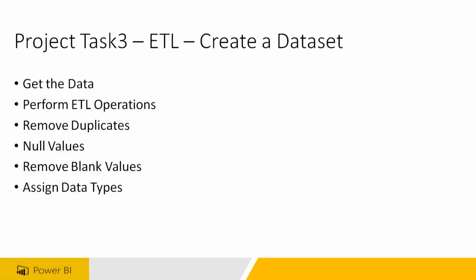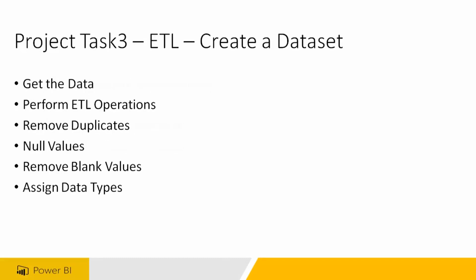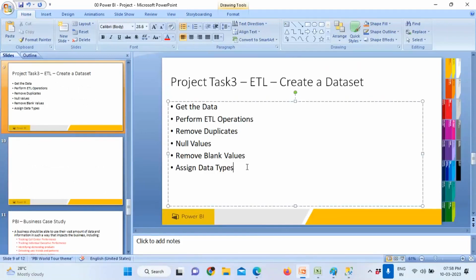So you have to get the data. The data is available in Excel sheets. I will give you the data. You perform all these operations and you will be able to create a data set. To create a data set, you need to understand the data, the data modeling, and the report requirements also. So create the data set, and we are going to deploy this data set to Power BI.